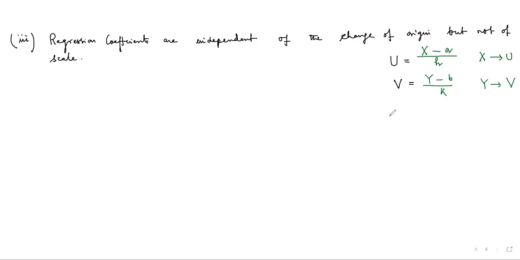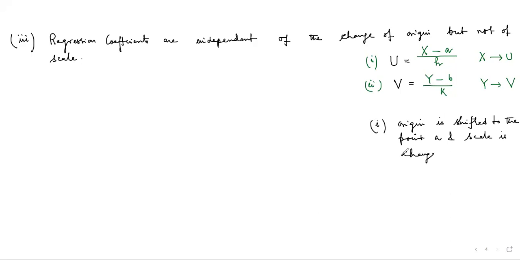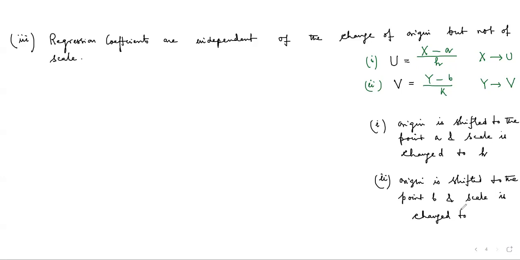In the first case, which I name 1, the origin is shifted to the point A and scale is changed to H. In the second case, which is number 2, origin is shifted to the point B and scale is changed to K. Okay, these are the formulas for change of origin and scale.